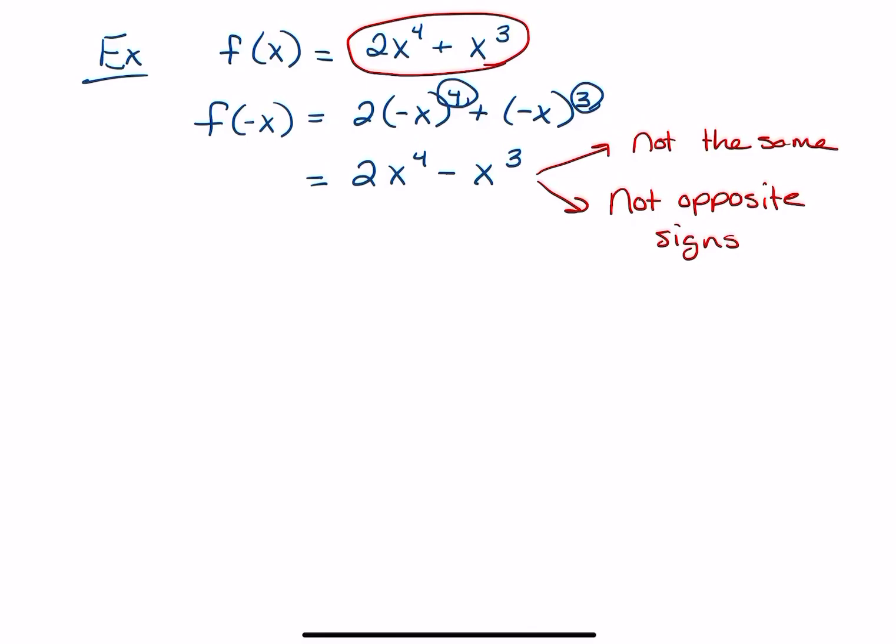So since that's not negative, this is neither even nor odd. So it doesn't have to be even or odd, it can be neither. So just keep that in mind as you're doing your homework, that it can be one or the other or neither.